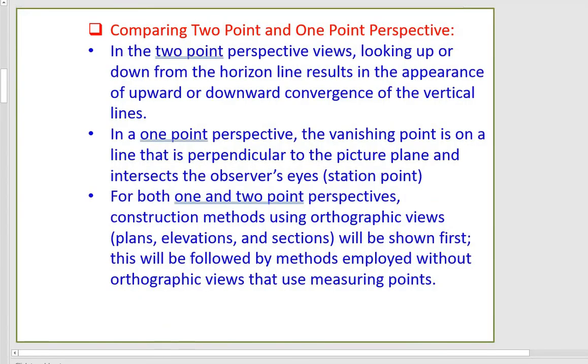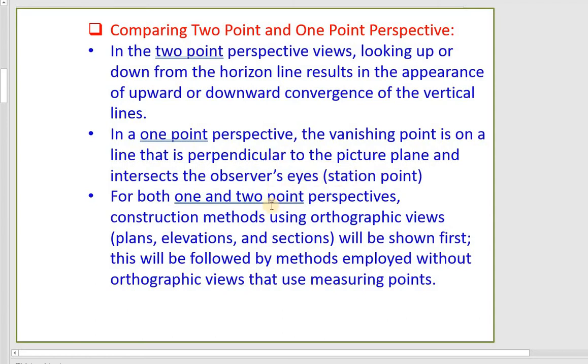Comparing 2-point and 1-point perspective, you can say that 2-point perspective view is looking up and down from the horizontal line, resulting in the appearance of upward or downward convergence of the vertical lines. In one point perspective, the vanishing point is on a line that is perpendicular to the picture plane and intersects the observer's eyes and the station point.